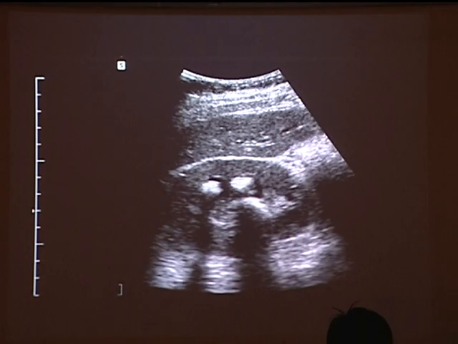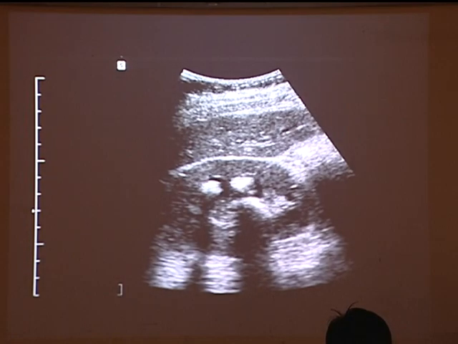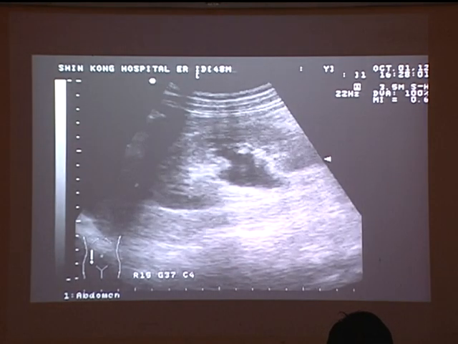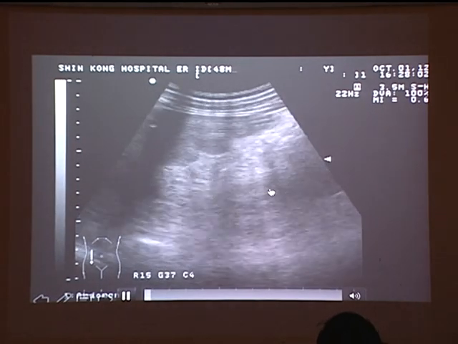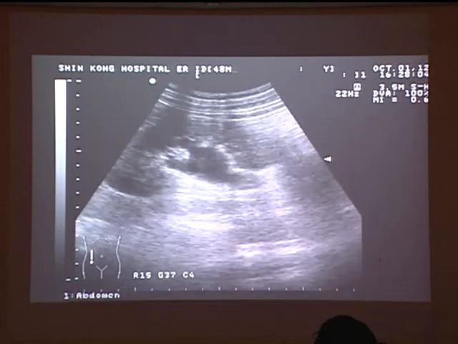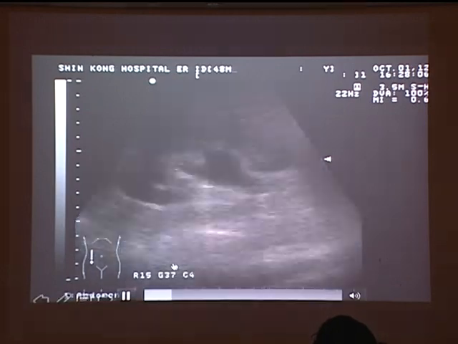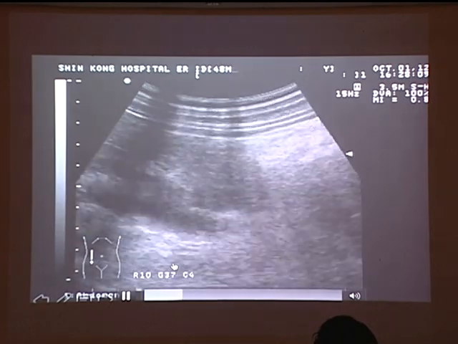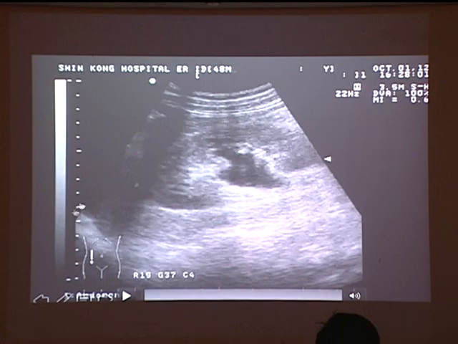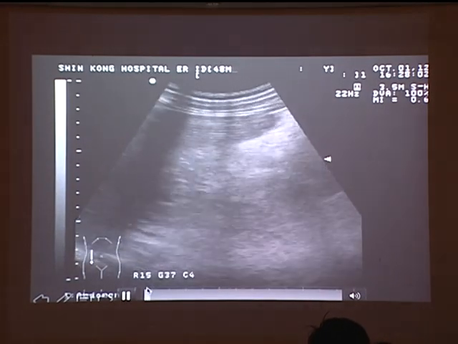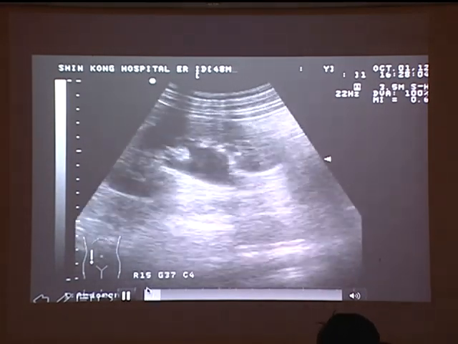This image shows multiple kidney stones here, yes. Okay, so you can see the case: a 48-year-old man with right flank pain. As you can see, there is moderate hydronephrosis here and hydroureter.